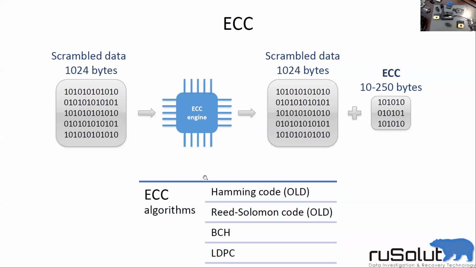So the controller takes these 1024 bytes of data, and with one of those algorithms it calculates an ECC checksum for this data. And then it writes scrambled user data plus ECC for this part of data into the page.